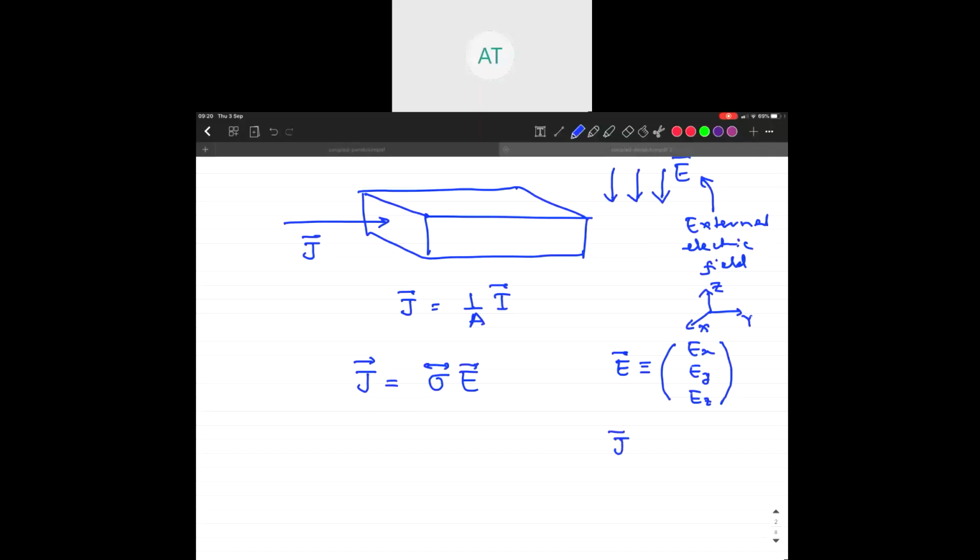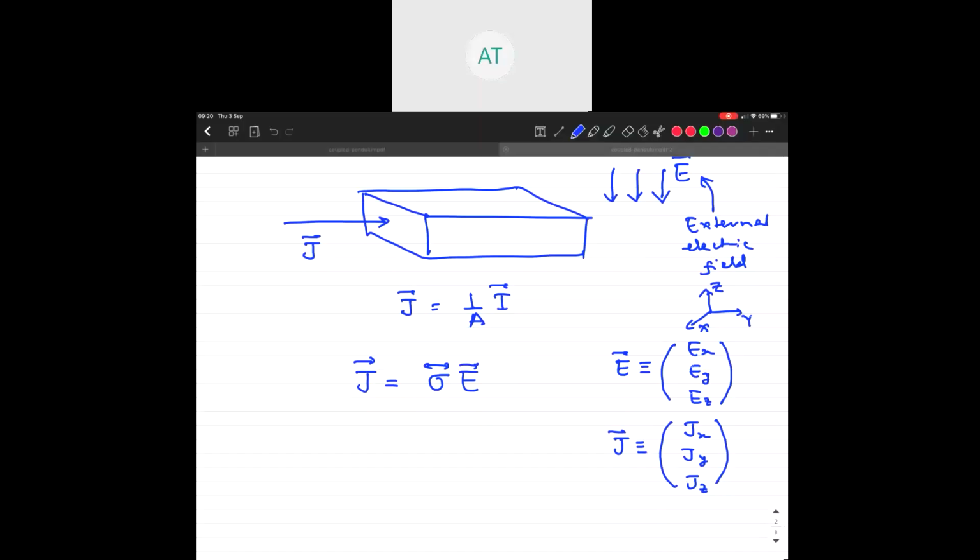And this J can also be considered as currents which are flowing along the x direction, along the y direction, along the z direction.